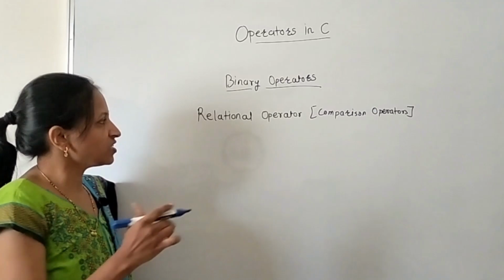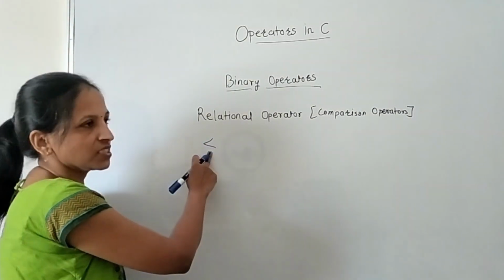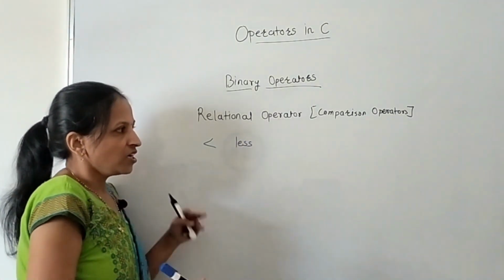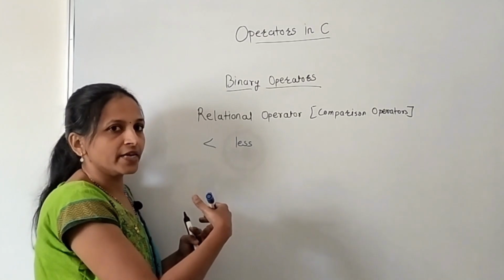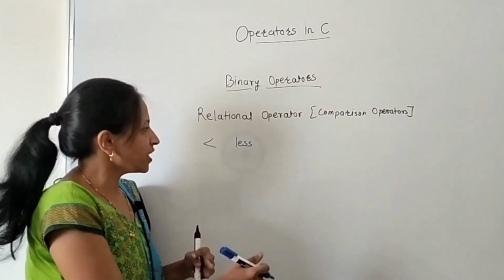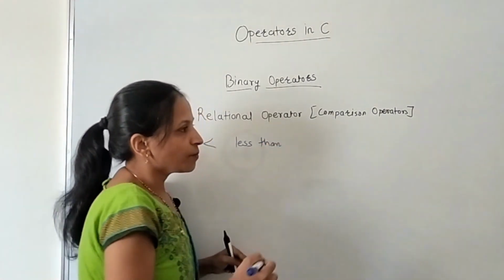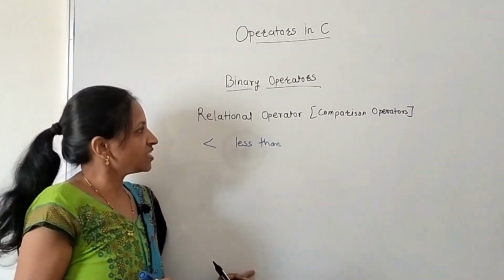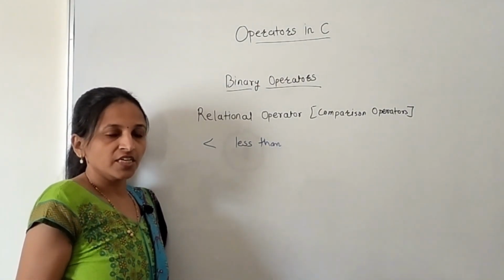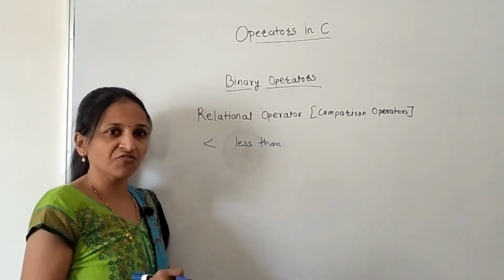Now the first operator in this category is less than. This less than symbol is used to check whether the left hand side operand has a smaller value than the right hand side operand. Normally these relational operators are used in decision making control structures, such as the if statement and if else statement.